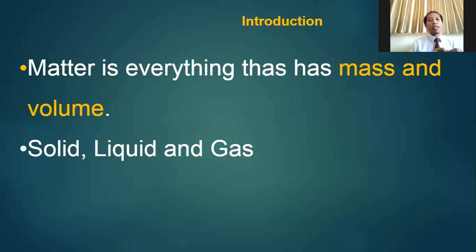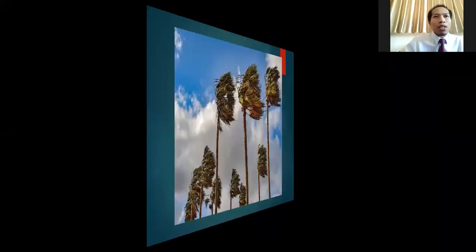So if you can identify whether something is solid, liquid, or gas, then you can classify it as matter. Okay? So chemistry is the study of matter, and matter is this.